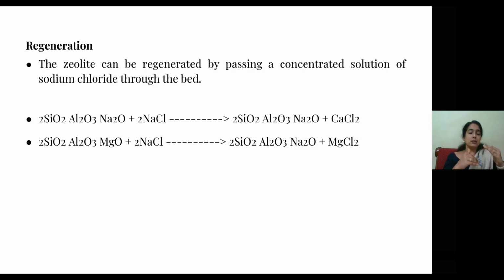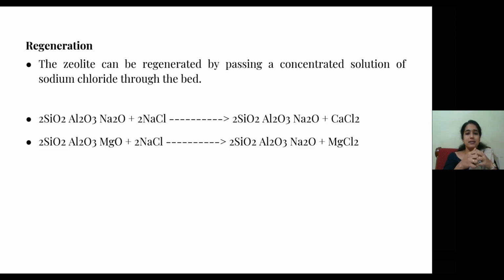After some time in the zeolite process, the ion exchange happens and calcium or magnesium replaces the sodium ion, and this can be reversed by passing sodium chloride through the bed. That is 2SiO2 Al2O3 Na2O plus 2NaCl gives 2SiO2 Al2O3 Na2O plus CaCl2.